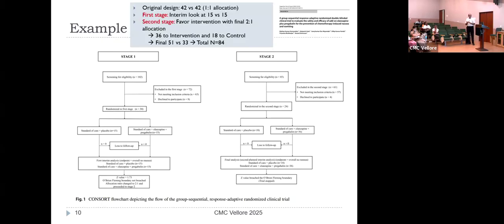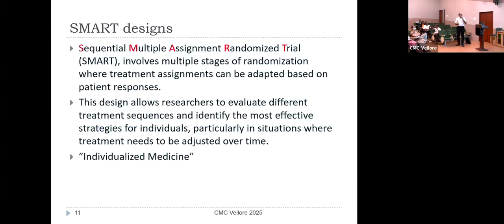Okay, all right. Well, let's go on because we have a lot more on these adaptive designs. So people do other things, right? We now have these sequential multiple assignment randomized trials. They're called SMART trials.